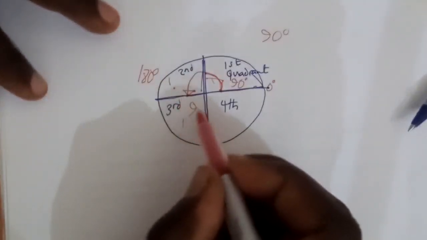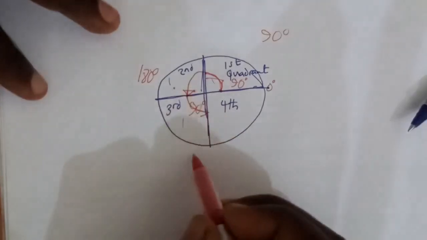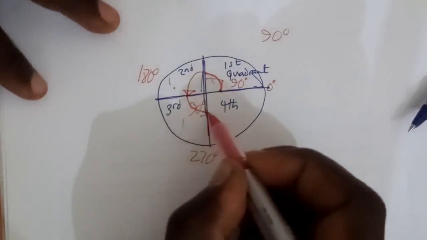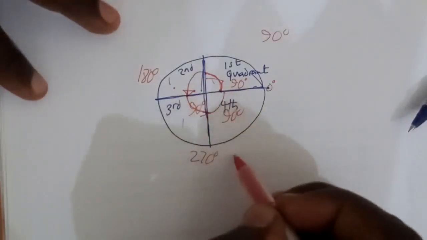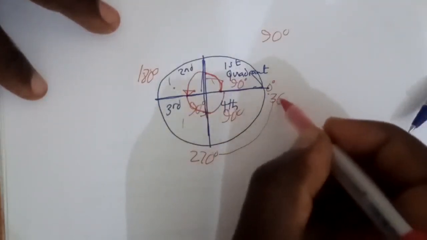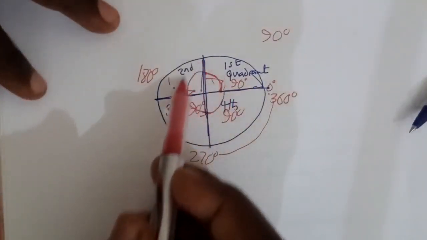Then this is another 90 degrees, so if I bring this down to here, I have 270 degrees. Then this is another 90 degrees, so 270 plus 90 will be 360 degrees. So we are going to measure our angles like this.